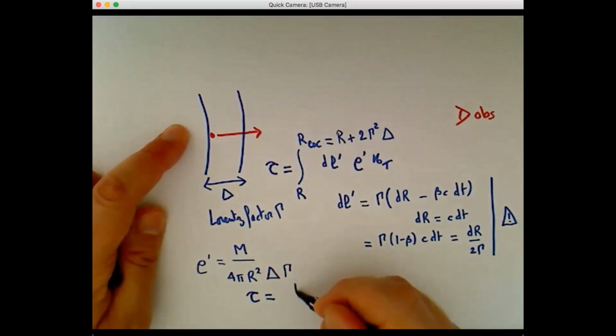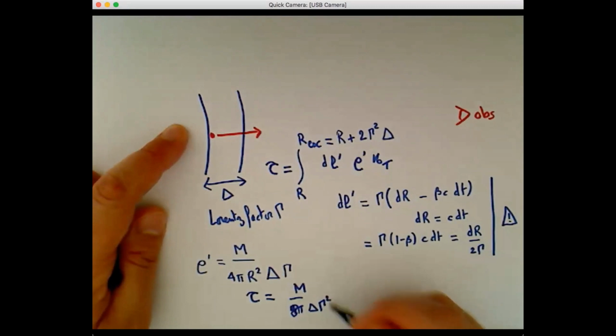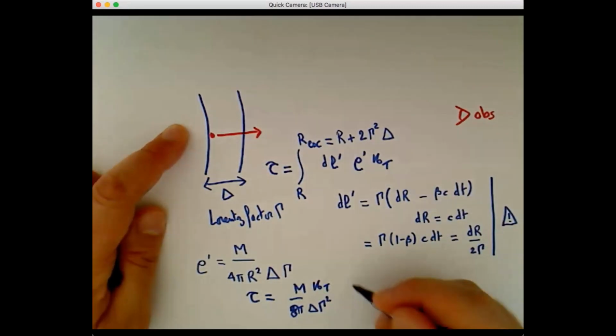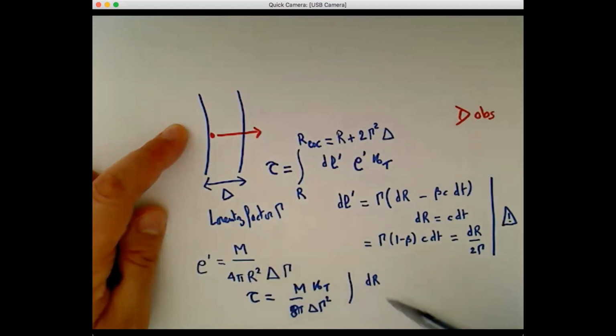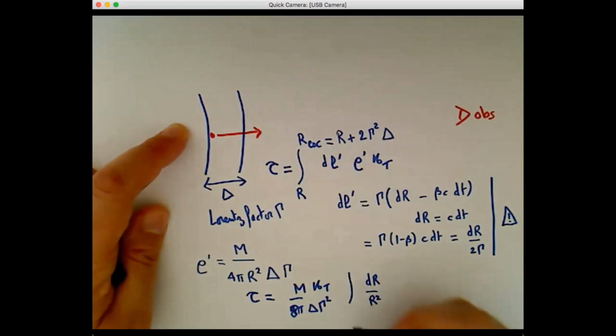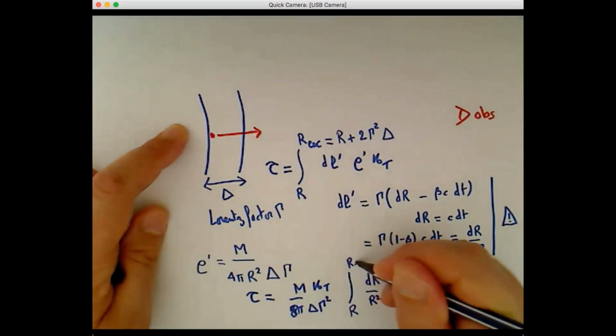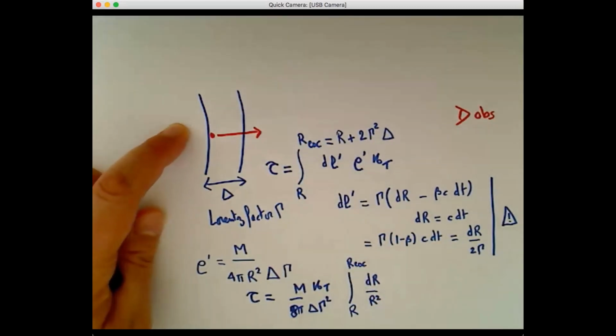So m over 4 pi delta gamma. I have a gamma coming from these two and a gamma squared coming from this gamma. I have the Thomson opacity here, and then I just have the integral of dr, and you see that I have 1 over r squared here, so it's dr over r squared from r to rs.